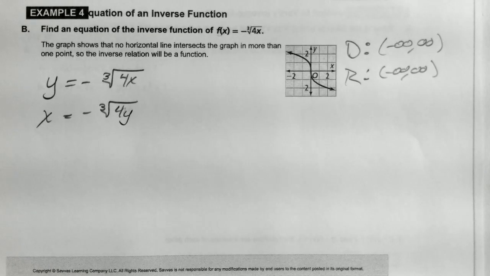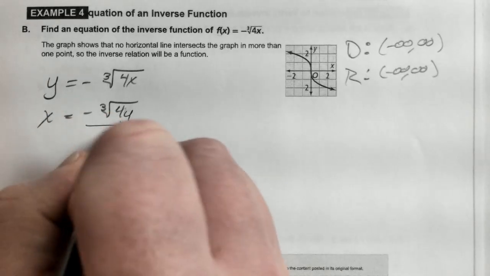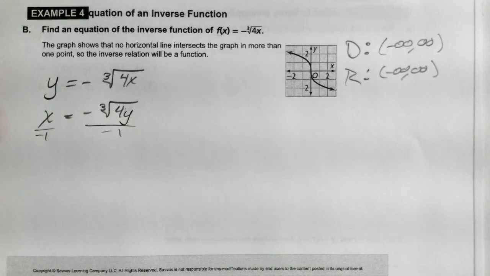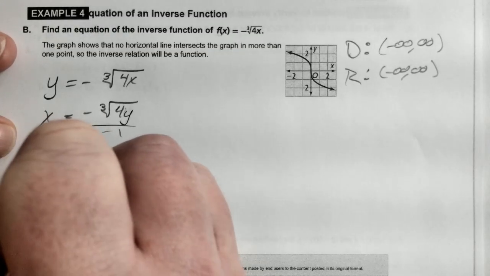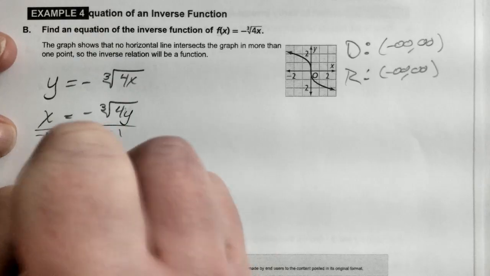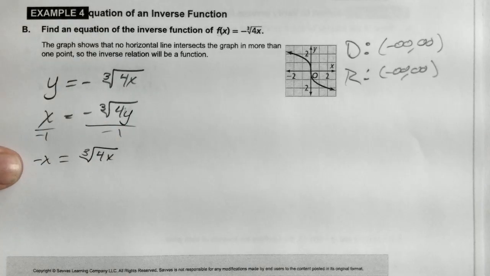What's your first step going to be here, Dan? Let's go. Divide by -1. X divided by -1 is -x, and that's equal to the positive cube root of 4y.